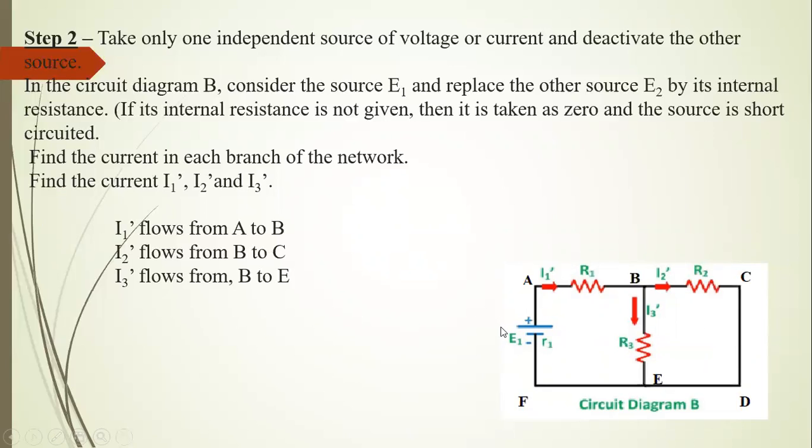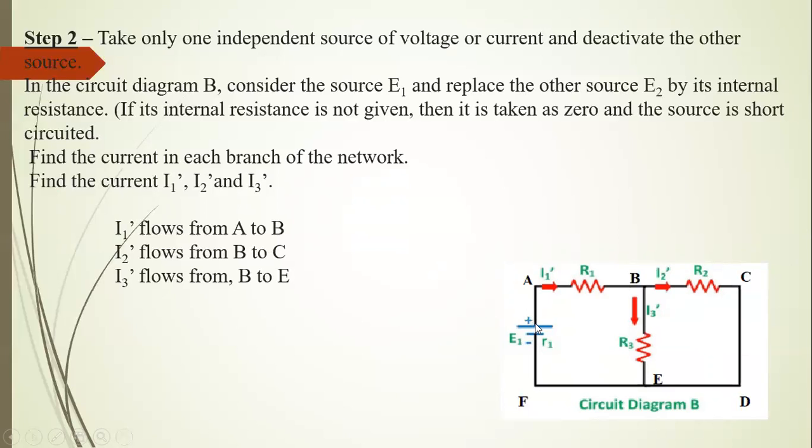Now, the current flowing through R1 is I1 dash, the current flowing through R2 is I2 dash, and the current flowing through R3 will be I3 dash. This dash indicates that these are the currents flowing when only the E1 source is considered.